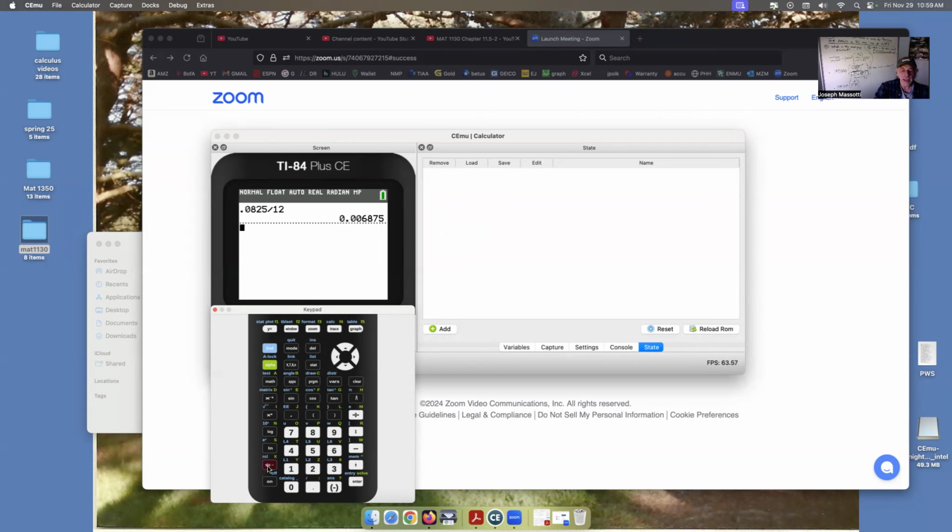We store that to the letter A. And remember, every time we hit A now, we're going to get that value. Now we're going to take that value A, add 1 to it and raise to the negative 300. That's going to be our B. We store that to B. Every time we hit B, we get that value.